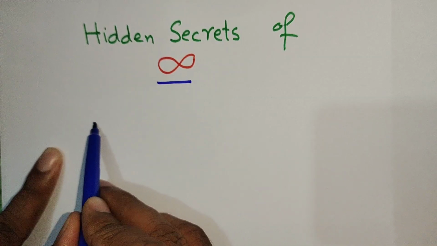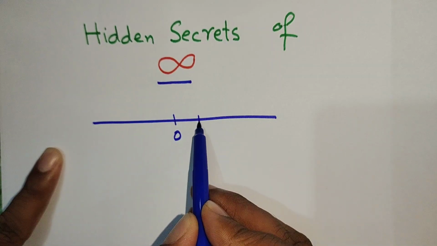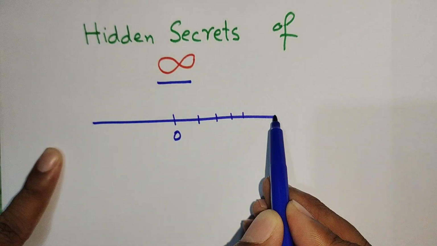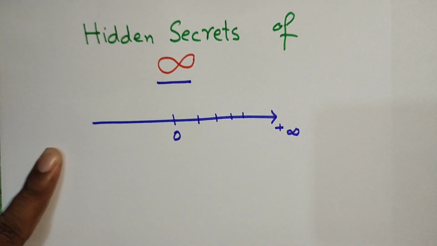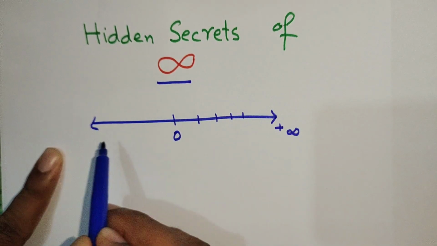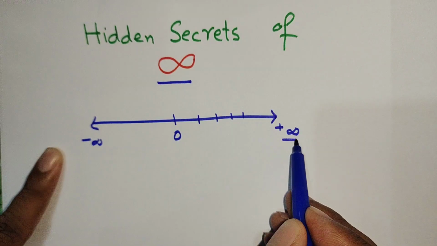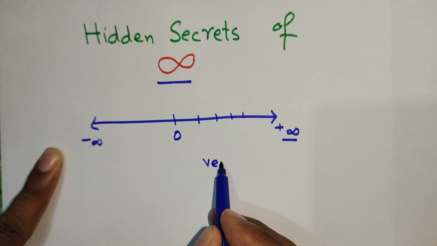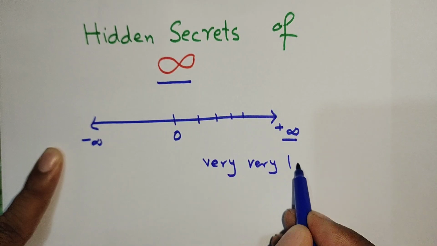Usually when we draw a real line, here is 0 and here are the positive real numbers over this, and at the end we sometimes write plus infinity, and similarly on the left hand side we write minus infinity. What is meant by positive infinity or minus infinity? It is simply a very large real number, something very large.